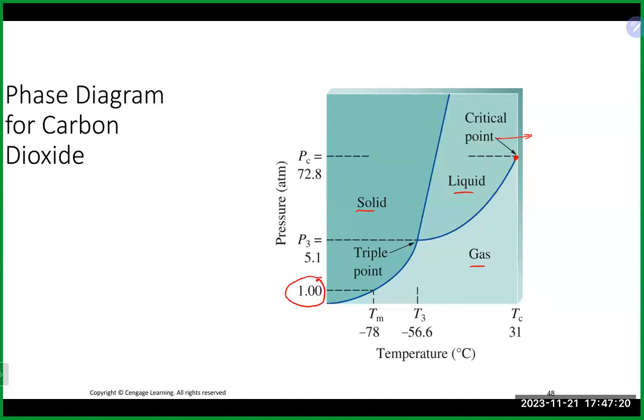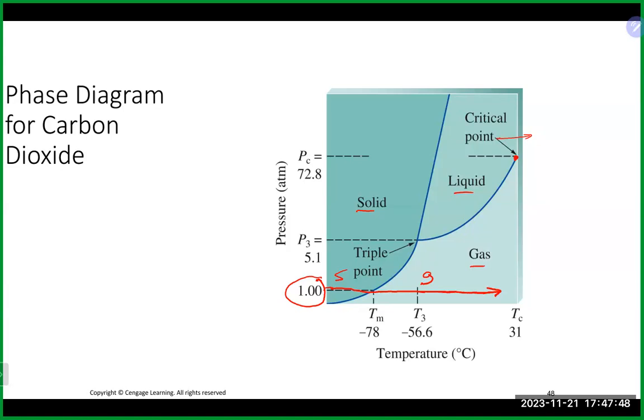And if we go across 1 atmosphere, at around 25 degrees, room temperature-ish, as you can see, my line went directly from solid to gas. It did not hit any type of liquid in that process. And that's why under normal conditions, when we have something like dry ice, it does go directly from solid to the gas phase with no liquid cleanup, because you don't have the right pressure temperature combination.